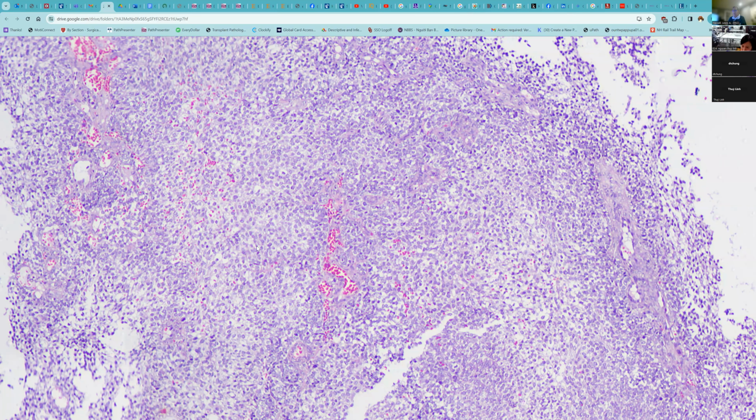And then also thinking about Epstein-Barr status, EBER, if you can do that, or potentially HPV-related squamous carcinomas could occur in this location, though not quite as commonly in an older patient and in a high-grade tumor like this.